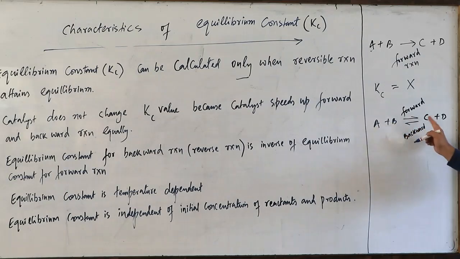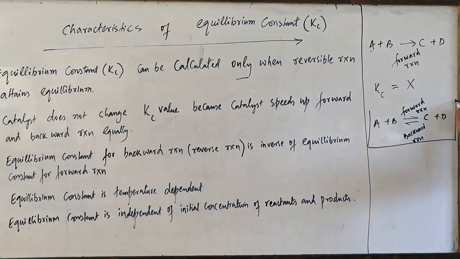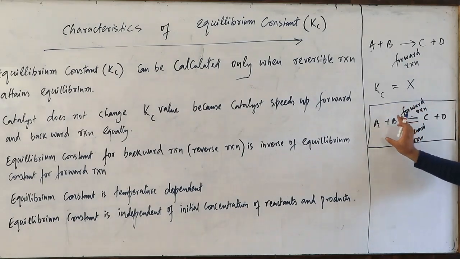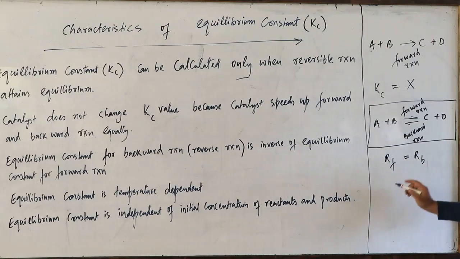A plus B gives me C plus D is a forward reaction. C plus D will react to give me A plus B, that is a backward reaction. So this reaction has reached equilibrium, because the rate of forward reaction is equal to the rate of backward reaction, my dear friends. So that means here I can calculate the Kc value.